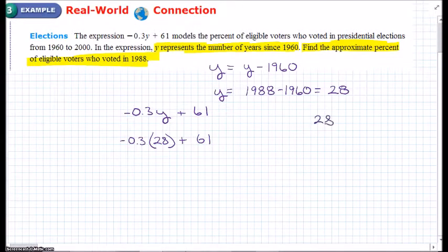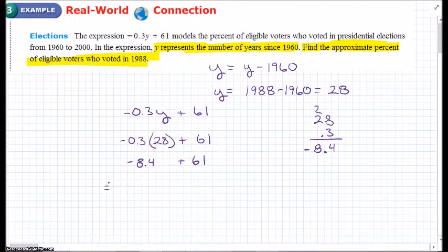Okay, I don't have a calculator with me, so we'll just do a little bit of math on the side. 3 times 8 is 24. 3 times 2 is 6. Drop the 2, 8. So it'd be 8.4, and that'd be a negative. Okay, so I have negative 8.4 plus 61.